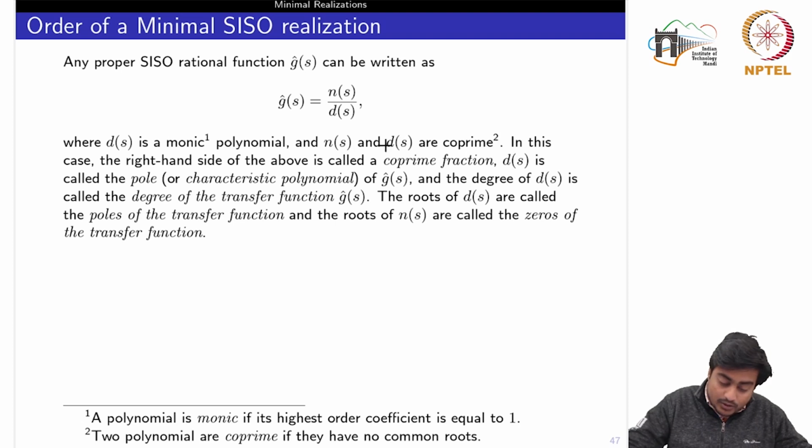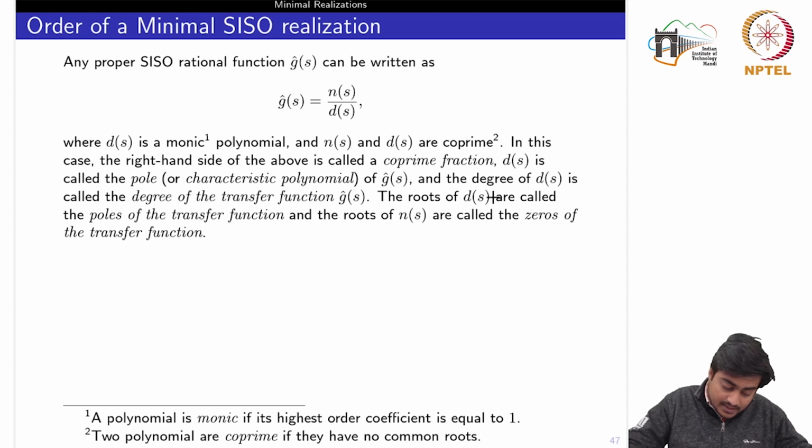If these two polynomials do not have any common factors, they are called coprime polynomials, and in that case the right hand side of the above is called the coprime fraction. Now d of s is called the pole polynomial of g hat of s, as we have seen already, and it also describes the characteristic polynomial, and the degree of d of s is called the degree of the transfer function.